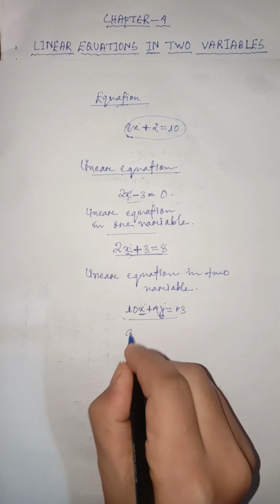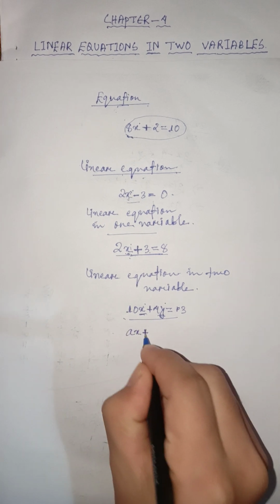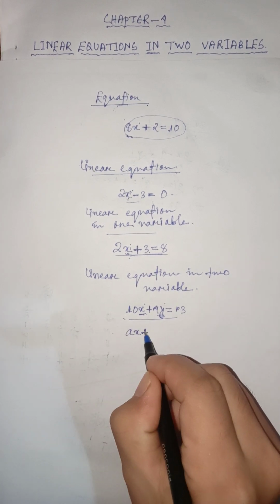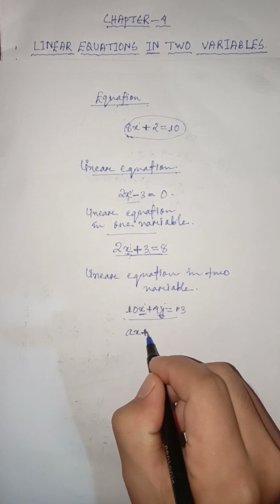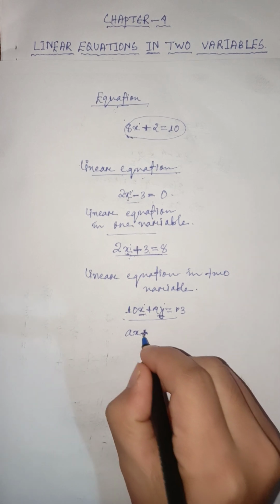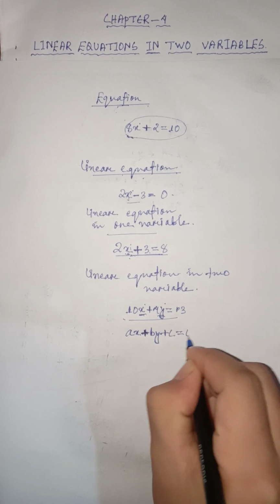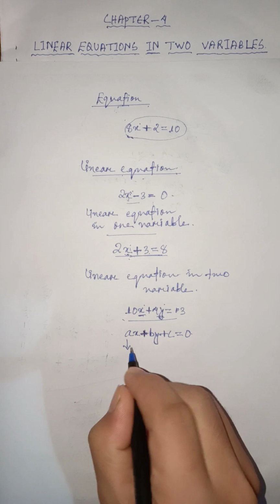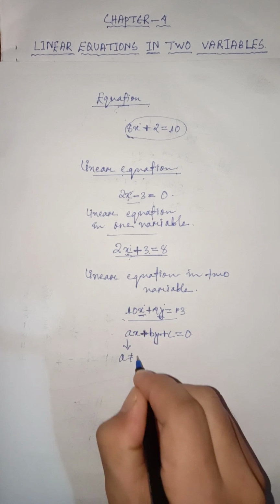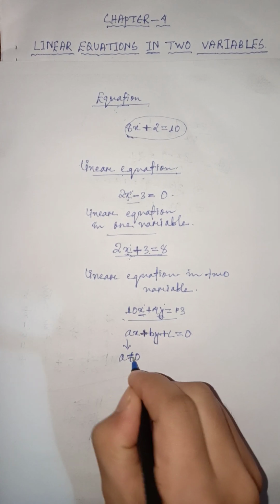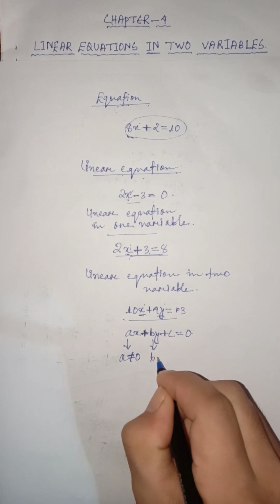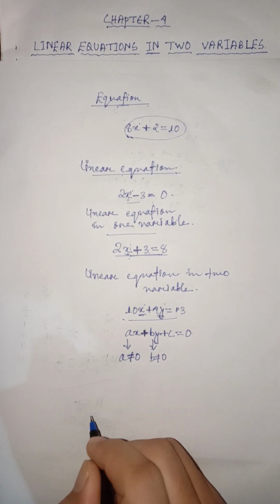And we have one condition in order to test whether an equation is a linear equation in two variables or not. It is this equation: ax + by + c = 0, right? Here a is a constant and a is not equal to 0, and b is also a constant and b is not equal to 0, right?